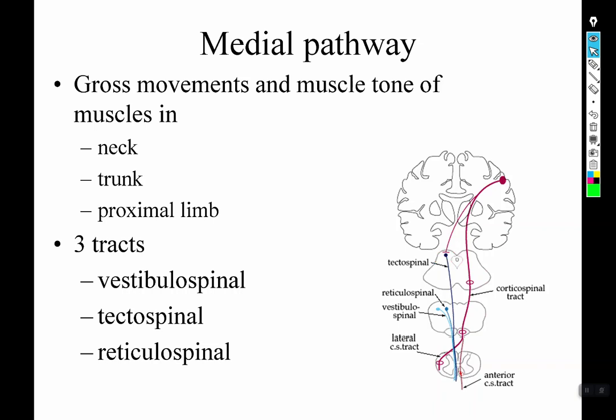So we'll talk about that. So these are going to be controlling muscles in the neck, trunk and proximal limb primarily. And then the tracts are kind of divided by both their location and association, tectum versus vestibule versus reticular formation, and also their functions.